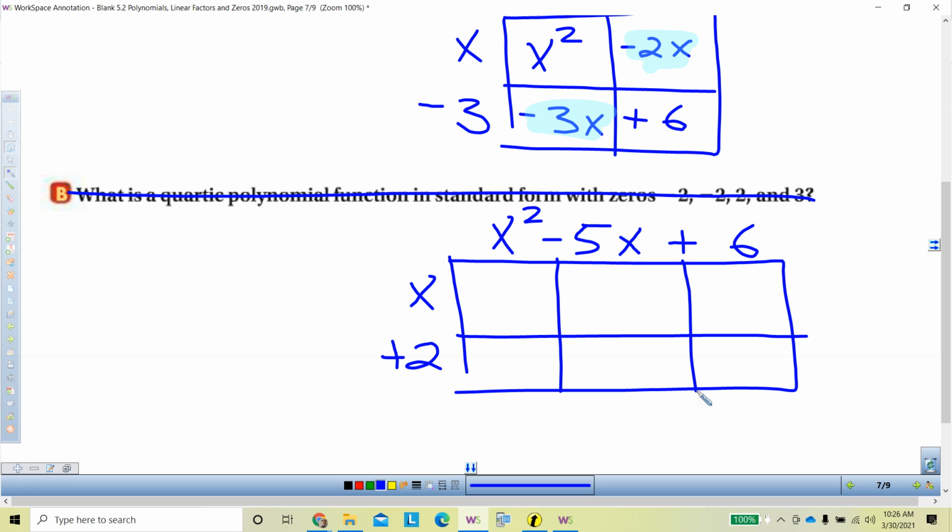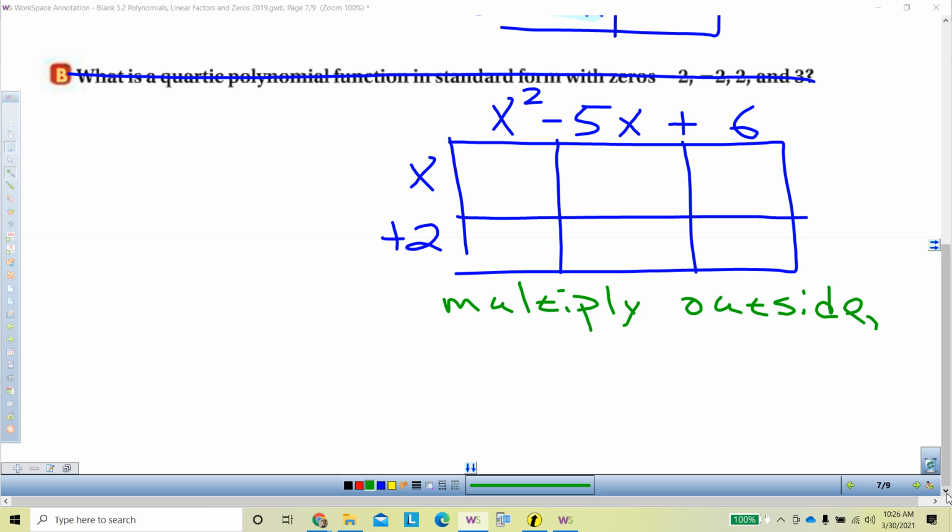Okay, so when you're multiplying things, you multiply on the outside, combine like terms inside. So if you forgot that, write that down. Multiply outside. And combine like terms inside.